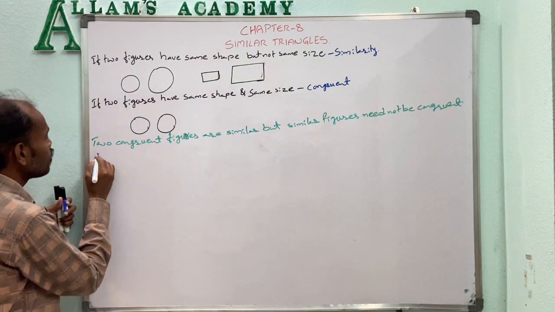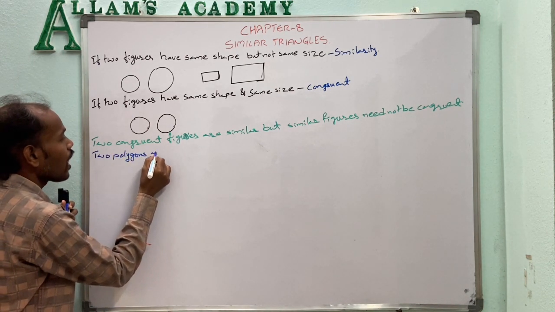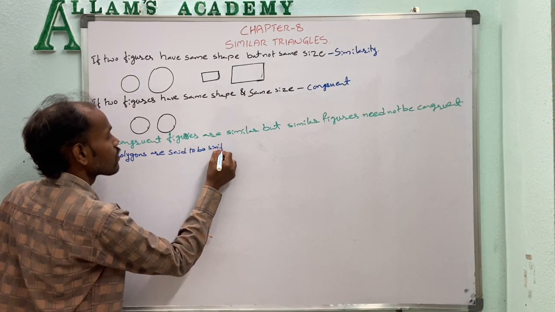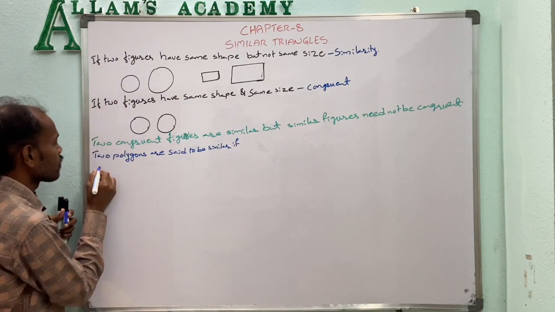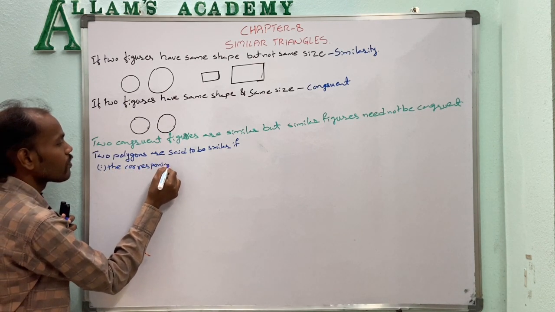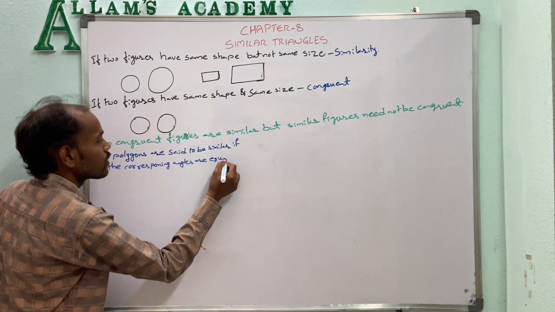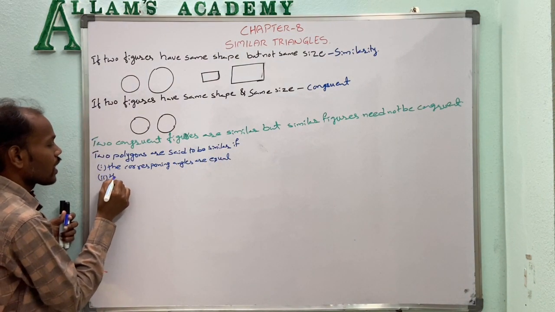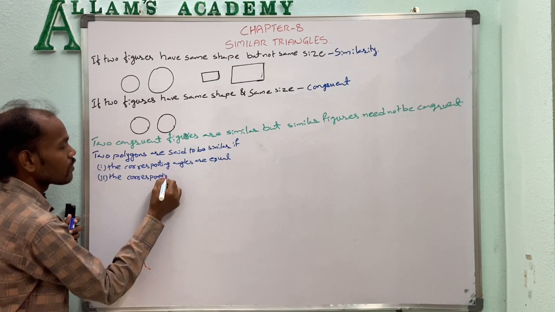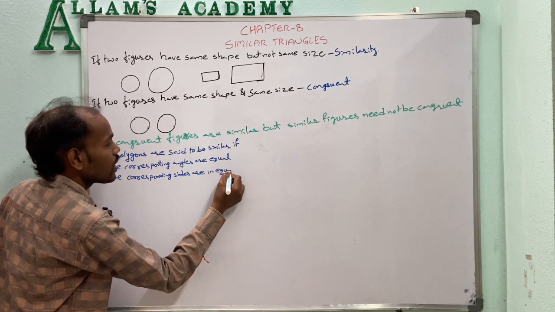If we take two polygons, they are said to be similar if the corresponding angles are equal and the corresponding sides are in equal ratio.